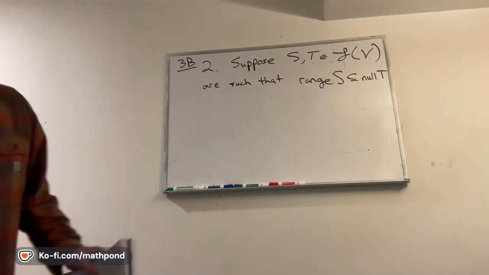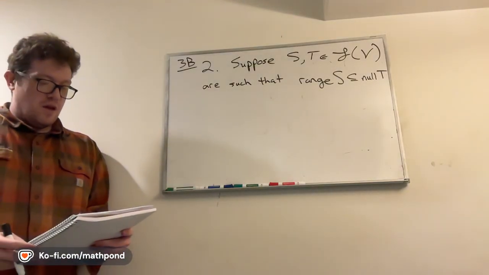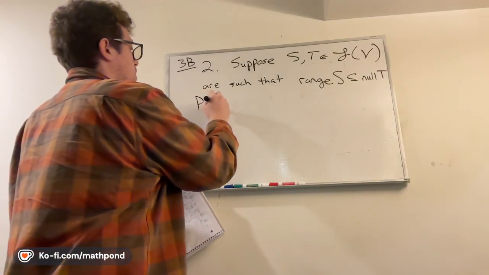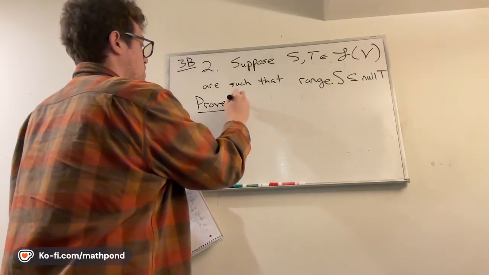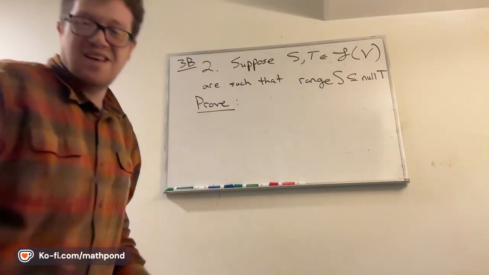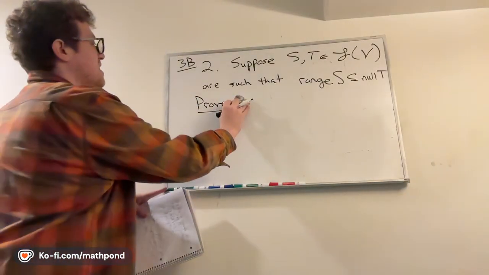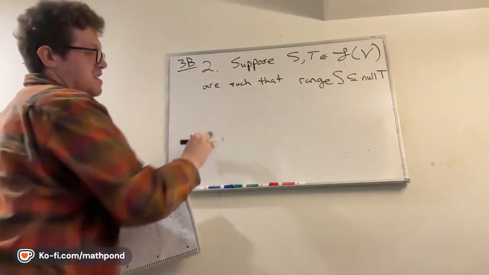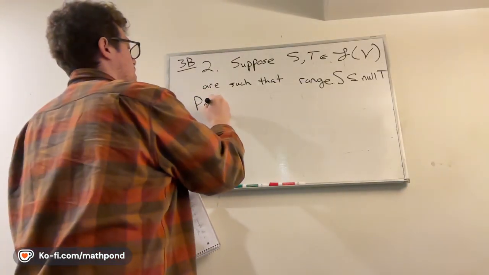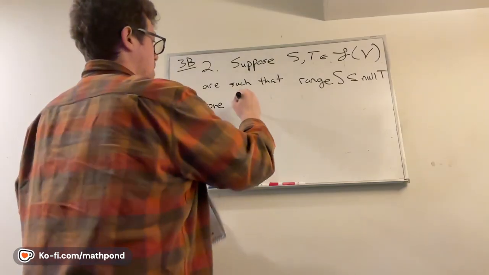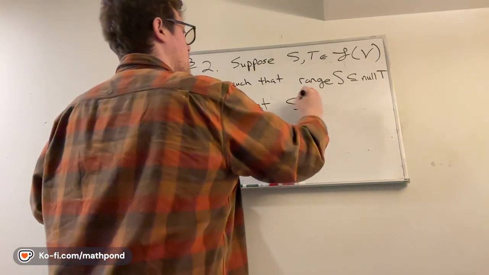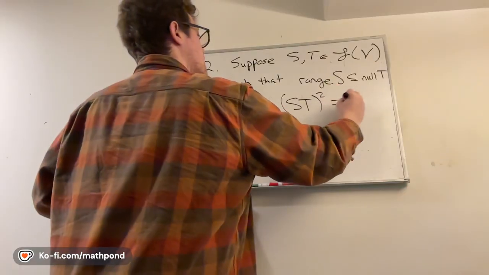Hopefully that's clear. And now we want to prove, oh wait, I didn't write the statement. So prove that ST squared is 0.